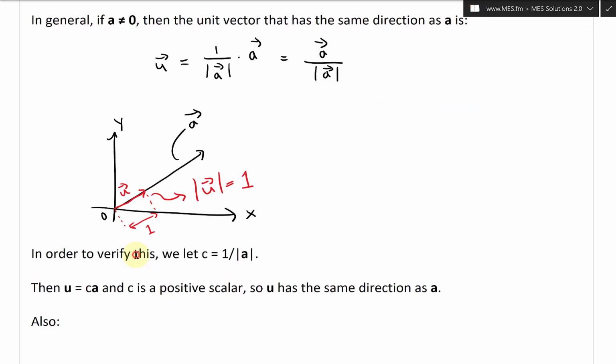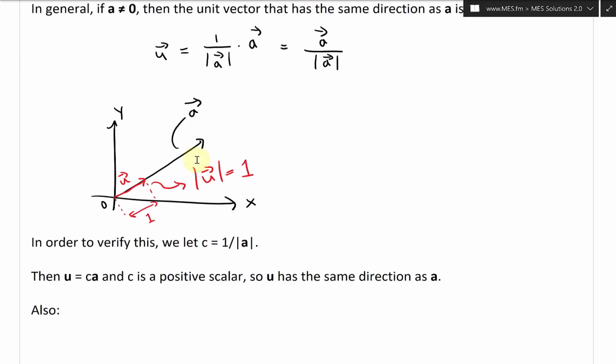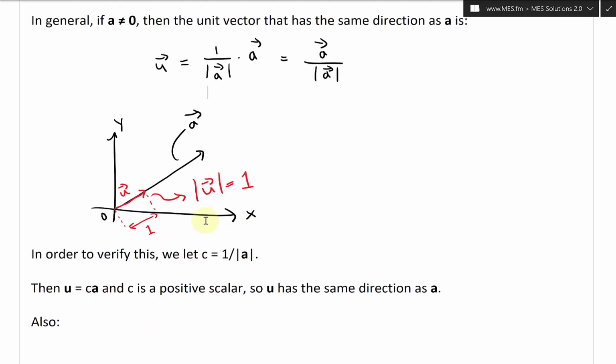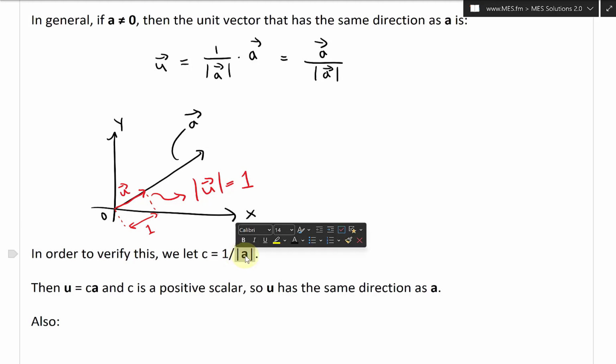It's fascinating stuff. Alright, so going further, in order to verify that this actually equals 1, we let the scalar c equal 1 divided by the length of the vector a, using the absolute value bars around the vector.